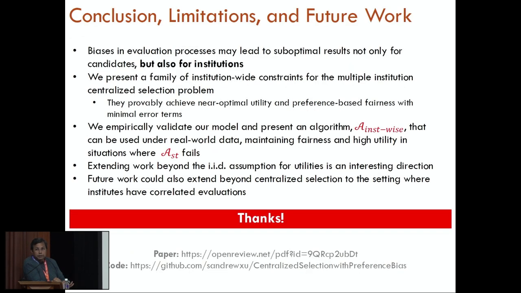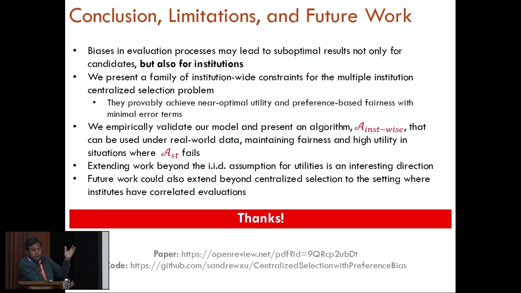Next slide, please. So I'll conclude by just saying a few things. Evaluation processes are everywhere. We saw in the last two talks, they were all about evaluation processes and how different types of noise or bias can affect the outcomes.